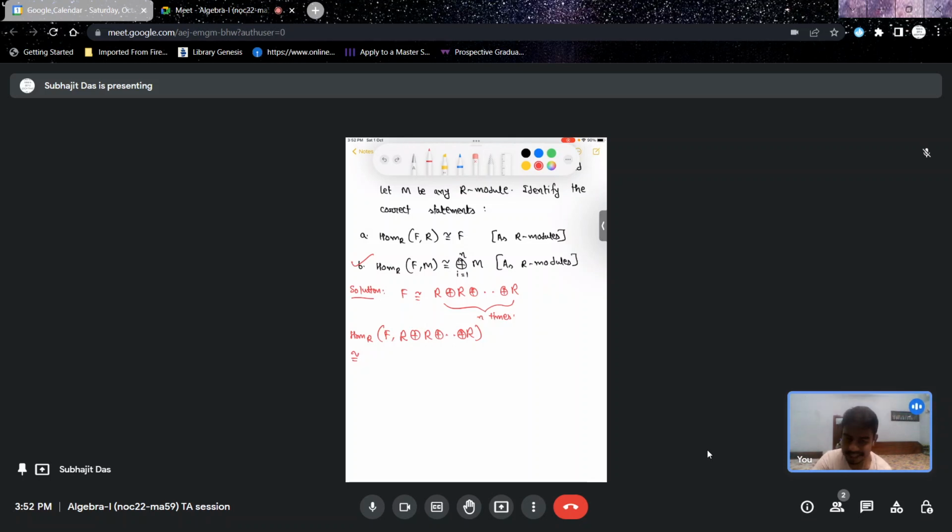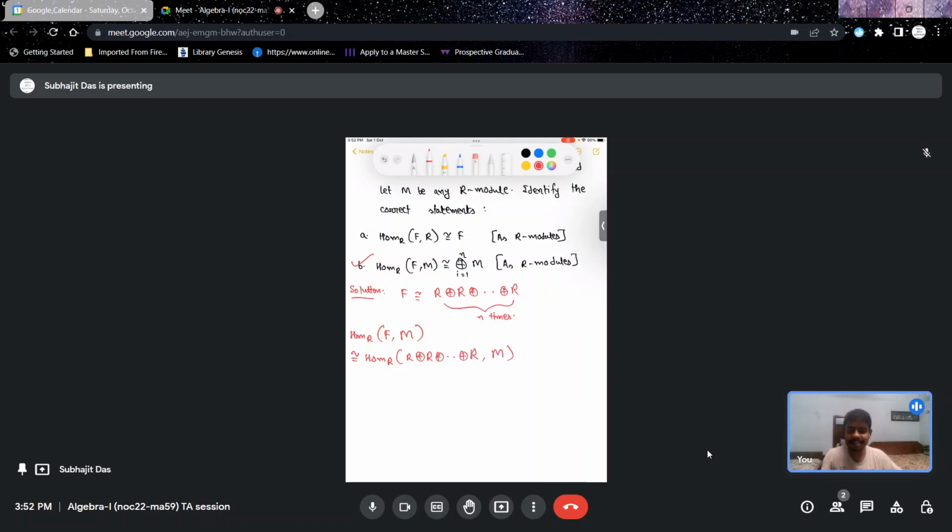This is precisely the set of all morphisms, that is R linear maps or R module homomorphisms, from F to this. All arrows in the category of R modules from the R module F to... Oh, sorry, I should be focusing on M. Hom_R(F, M) is the same as Hom_R(R ⊕ ... ⊕ R, M).